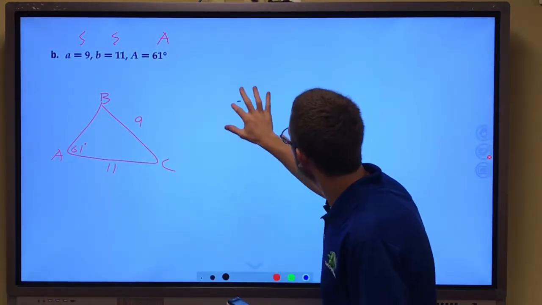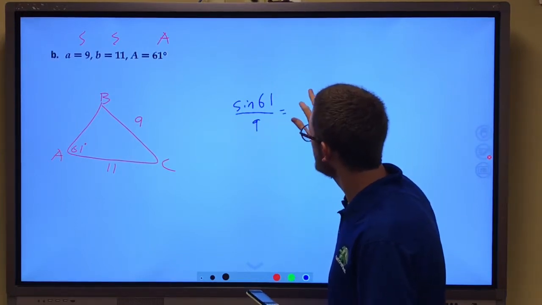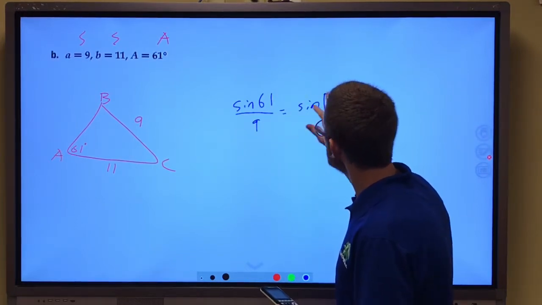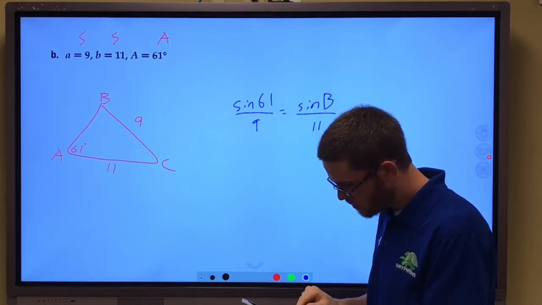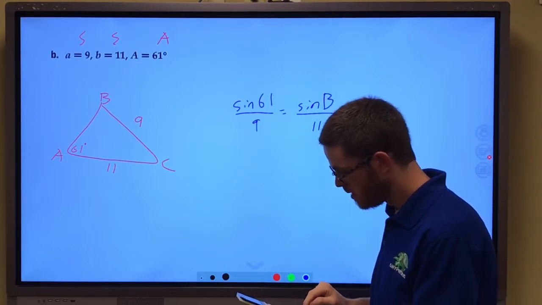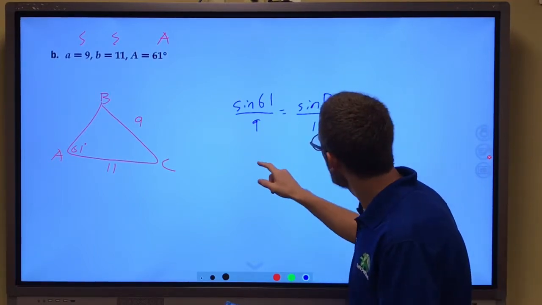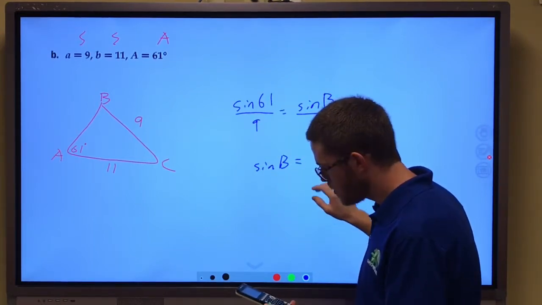And if I just set this up, sine of 61 over 9 equals sine of B over 11.